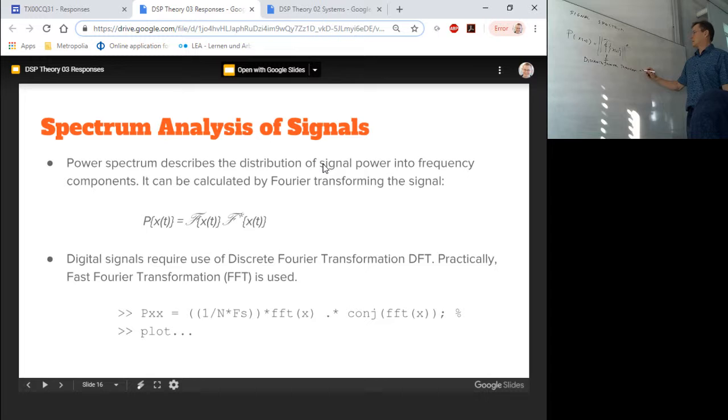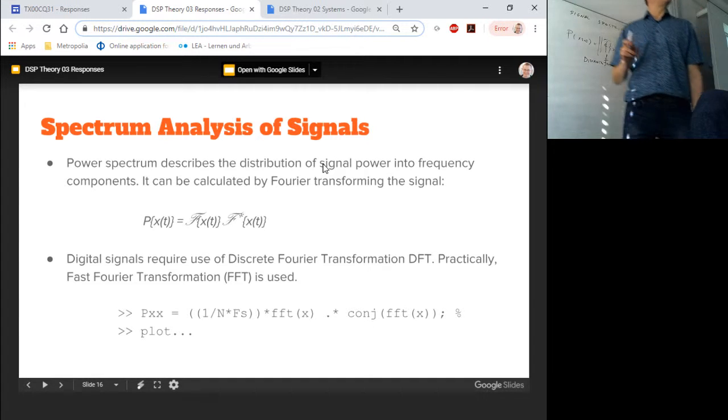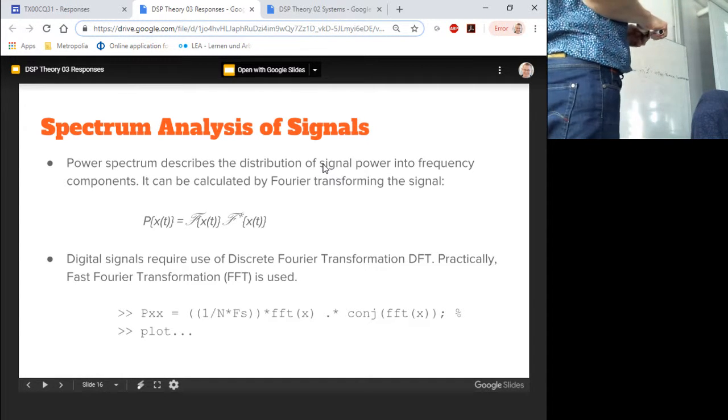Practically, depending on the size of the samples, if you have 2 power of n samples, then you can use the fast Fourier transformation, which is the fastest way of calculating the discrete Fourier transform.